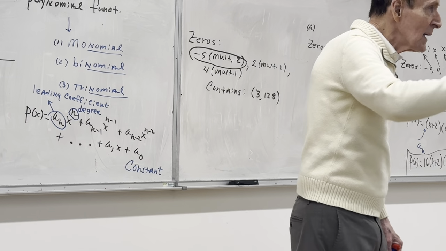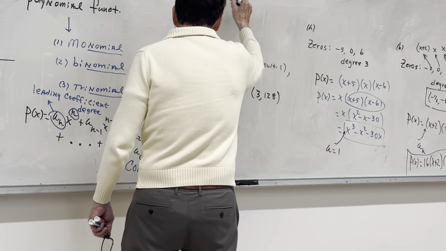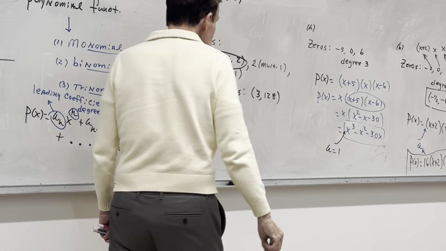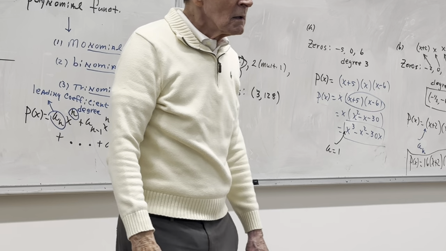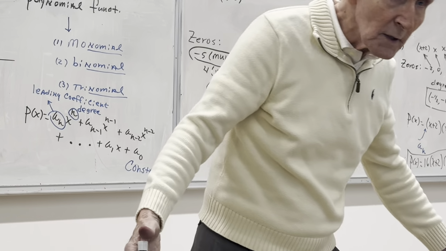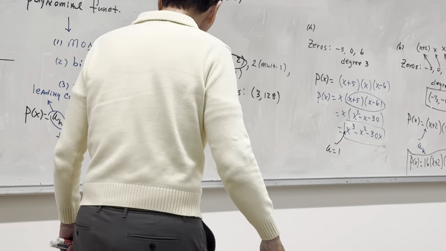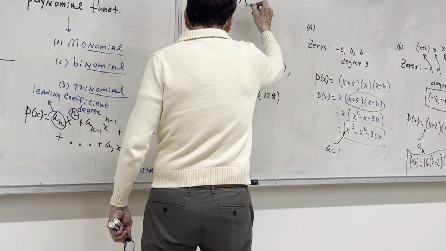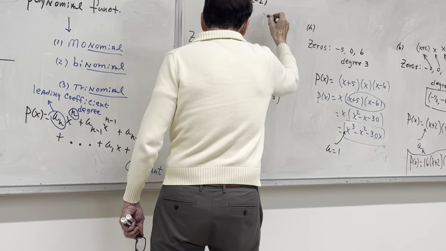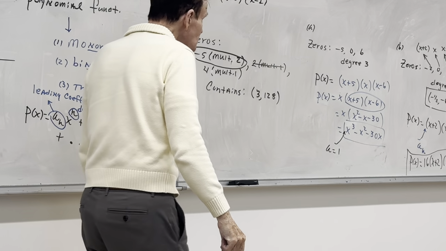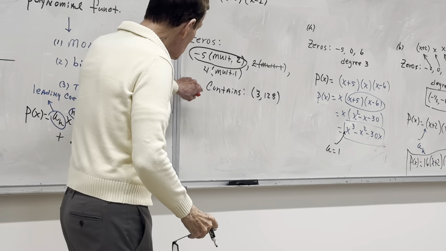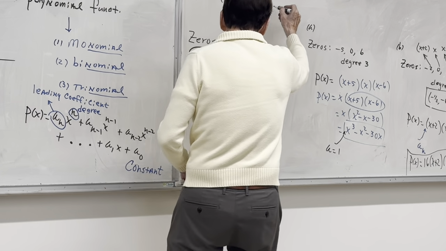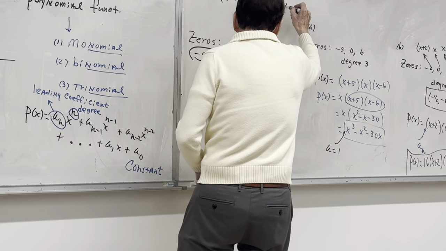X plus 5 squared. This says negative 5, negative 5, doesn't it? Next, we got that one out of the way with her help. Now 2, just one time, I'll do that one. That's X subtract 2. That's out of the way. This one down here, 4, also multiplicity of 1? X subtract 4? Look at that.